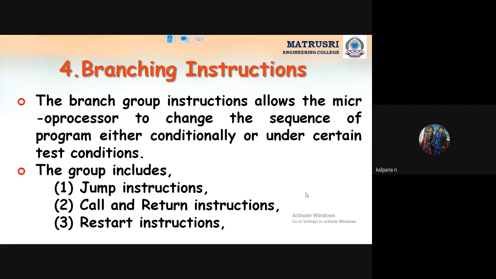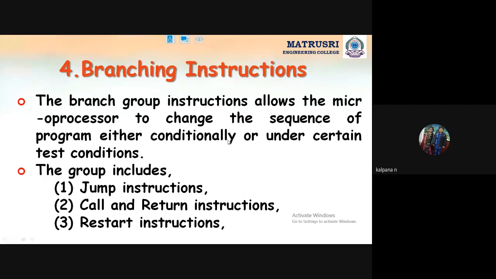Branching instructions are used to change the sequence of the program, either conditionally or unconditionally.